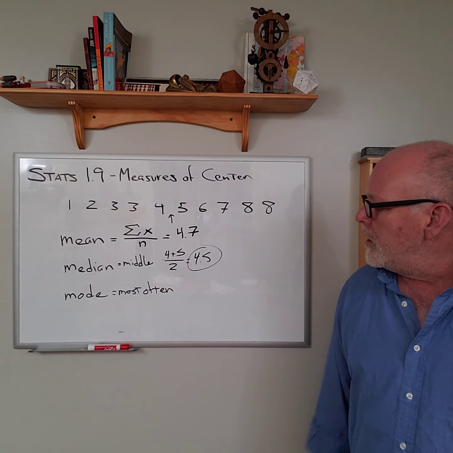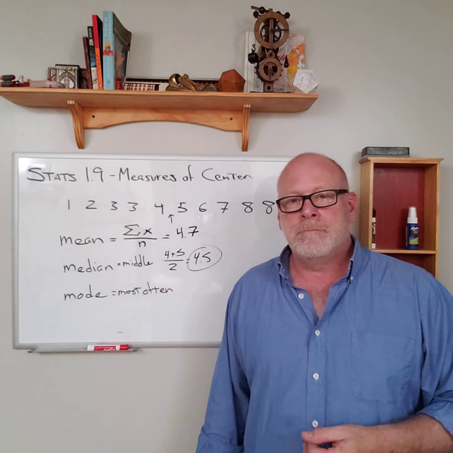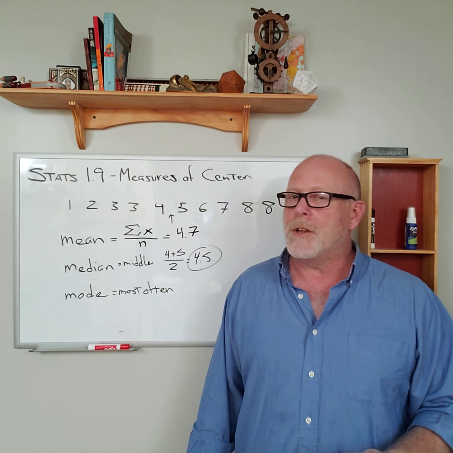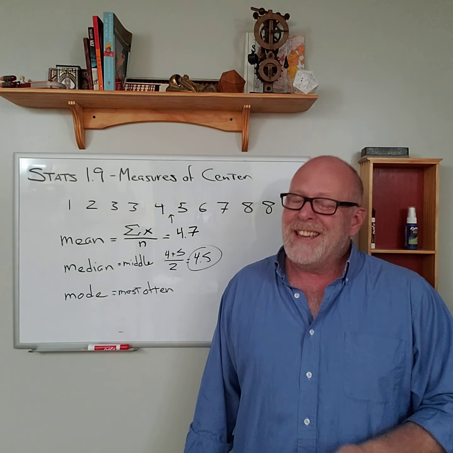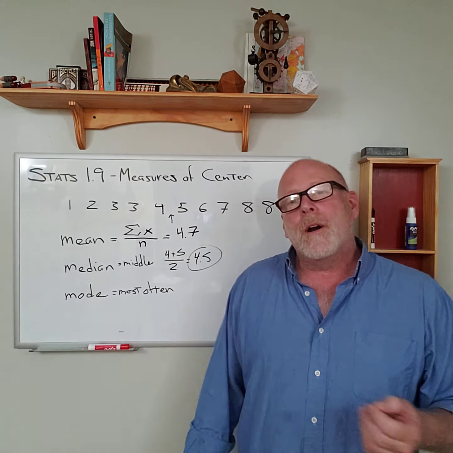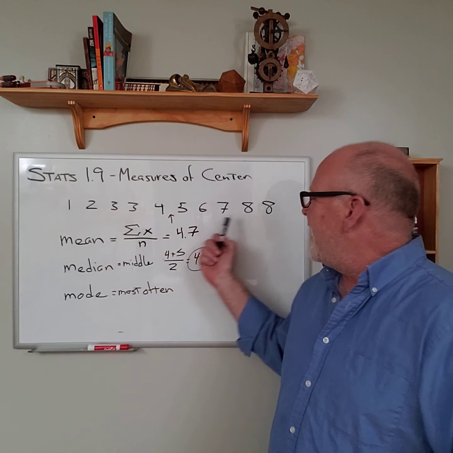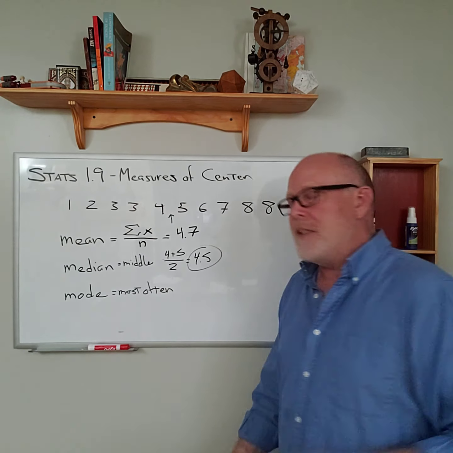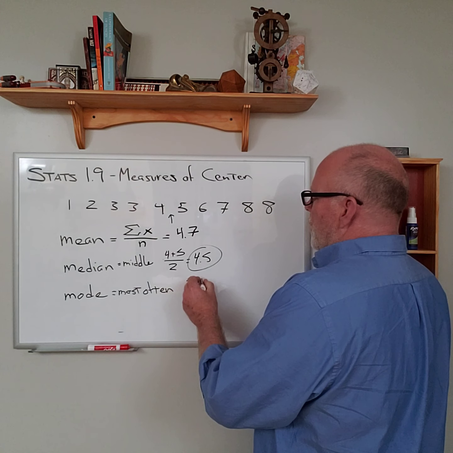The mode is the one that shows up the most often. And of course, if you stop and think about this for a minute, you realize that there are 2 ways to go that make sense. You can either say there is no mode because there's no one that shows up the most often, or maybe we'll say both 3 and 8 are modes because they show up the most often. And the convention is that we do count them both.